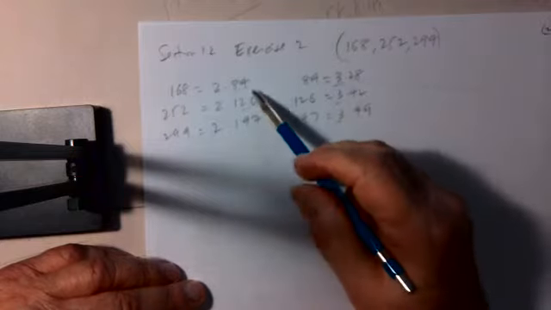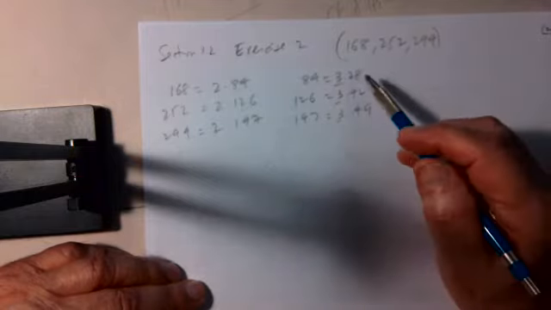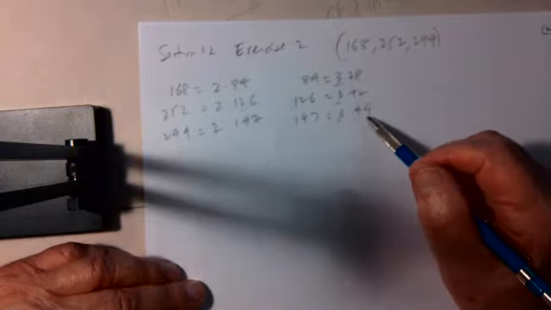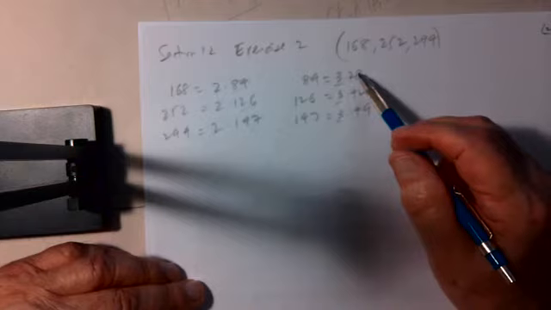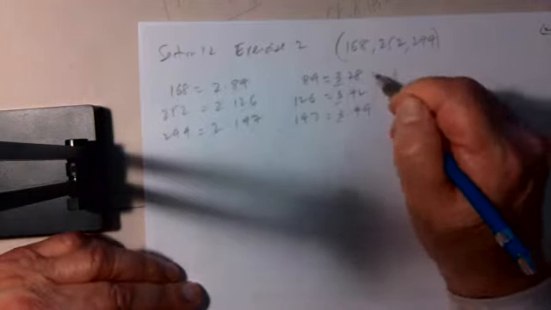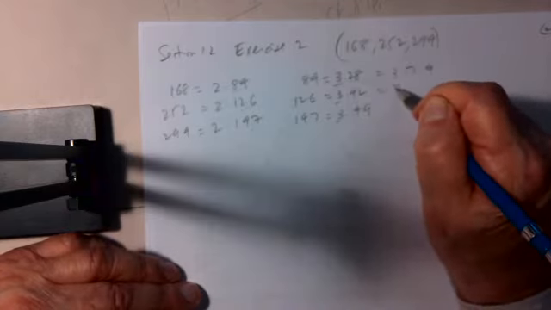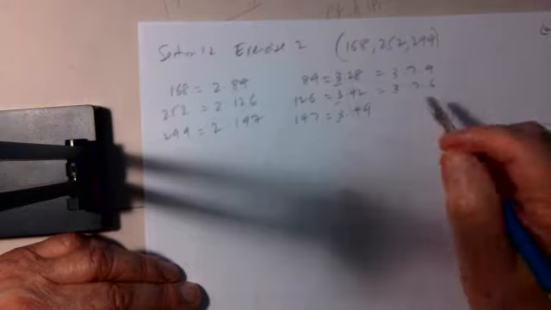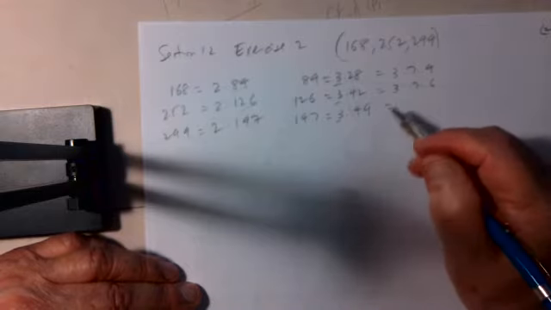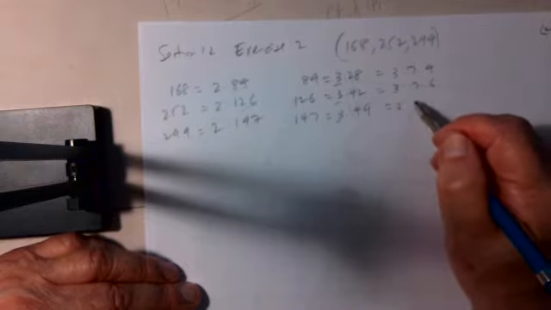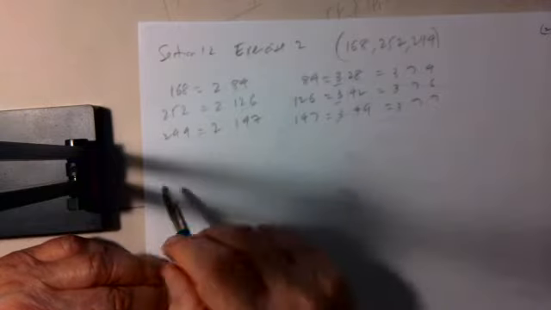So 3 divides these 3 numbers. And if you look at 28, 42, and 49, you might recognize that each of these numbers is divisible by 7. That is, 28 is 7 times 4. 42 is 7 times 6. 49 is 7 times 7.